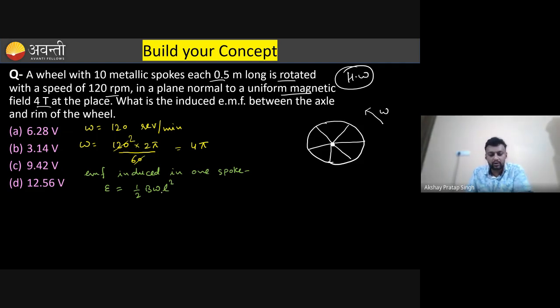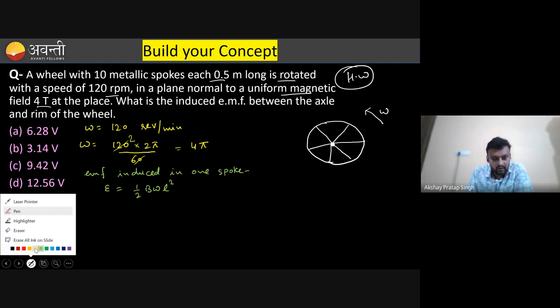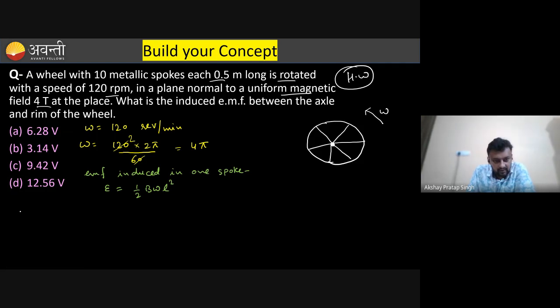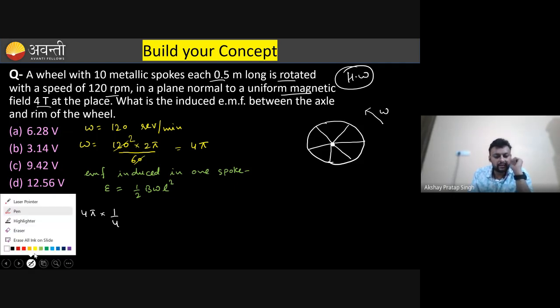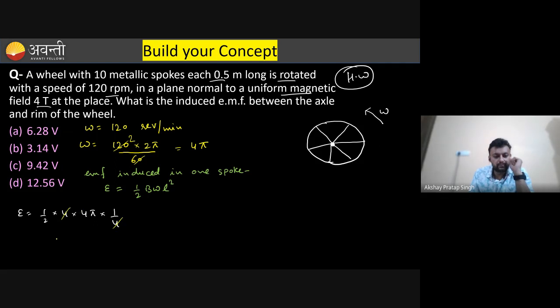Just put the values: E is equal to half, magnetic field is 4 Tesla, omega is 4 pi, and L square, where L is half meter, 0.5 meter, which means 1 by 2 meter. If you square it, it will become 1 by 4. Clear? So 4 and 4 can be cancelled, and 2 and 2. So the EMF induced will be 2 pi. This is the EMF induced in one spoke.